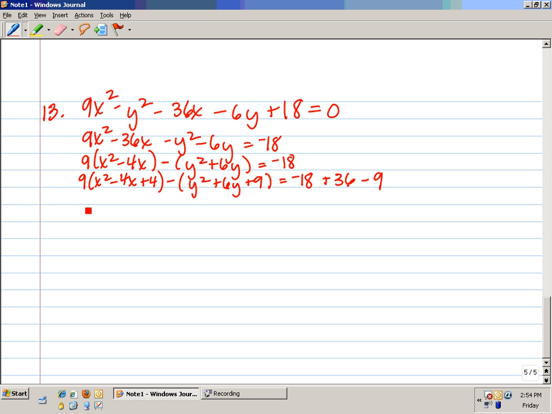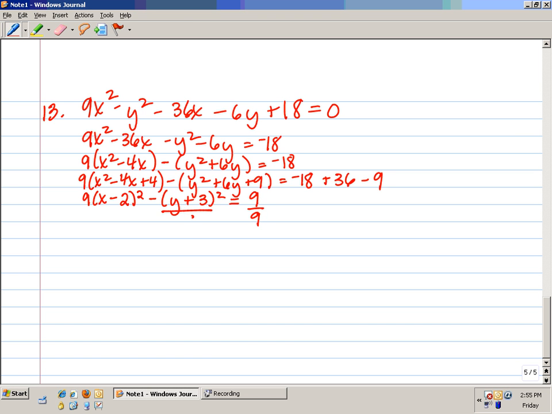That leaves us with 9 times x minus 2 squared. Remember, take the square root of your first term, take the sign from your second term, and the square root of your third term. So again, square root of the first term is y, sign from the second term, square root of my third term. And all of that equals 9.